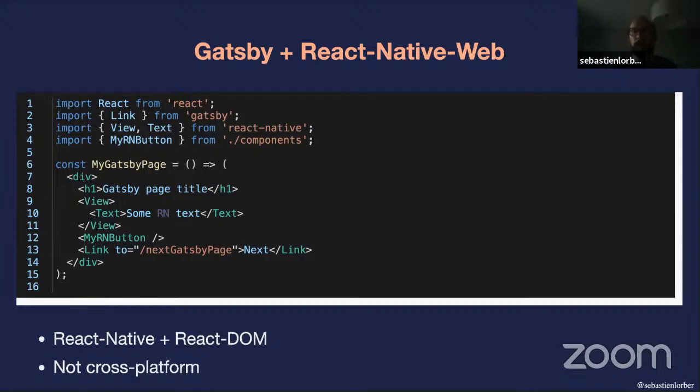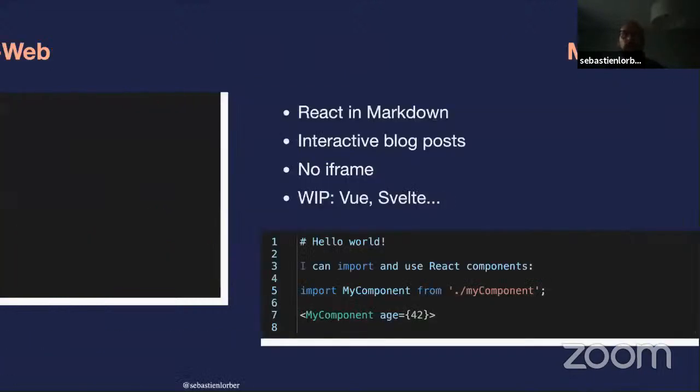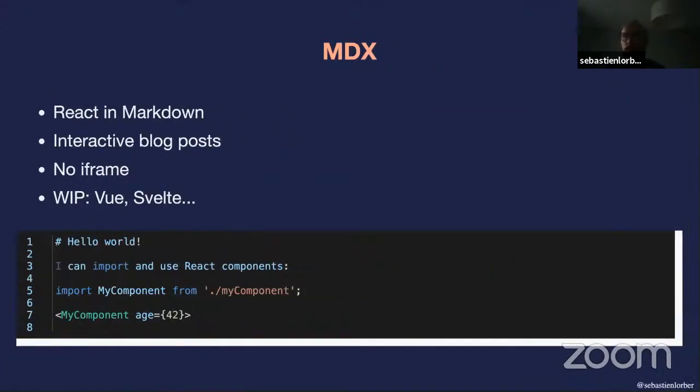Now let's see what MDX is. MDX is a very popular Markdown compiler. Somehow it's an extension of Markdown in which you can put React components. And it permits you to create interactive blog posts.